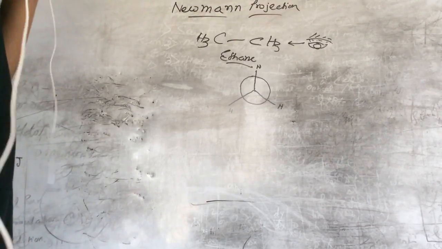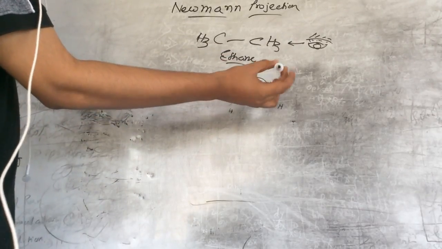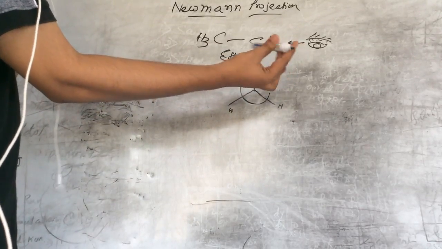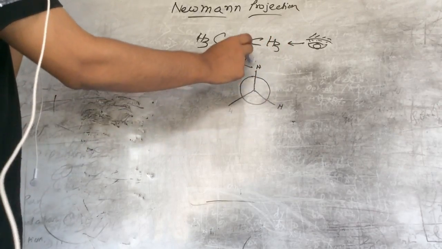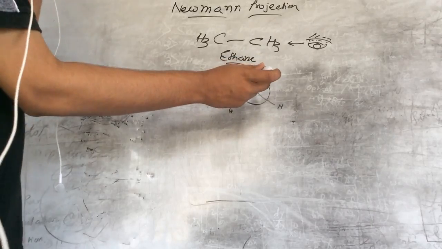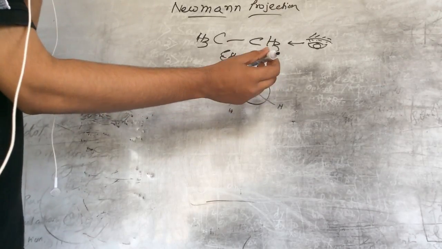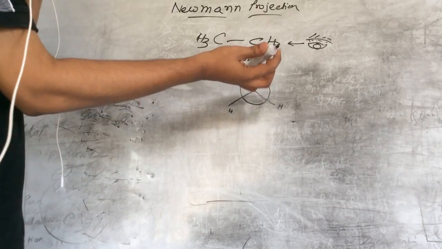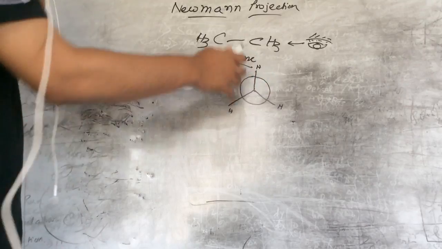So you cannot see the other 3 hydrogens because these are in eclipsed form. That is, the hydrogen bonds present here are fully eclipsing the hydrogen bonds attached to the backward carbon. So you cannot see them.